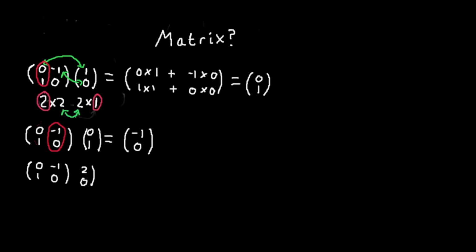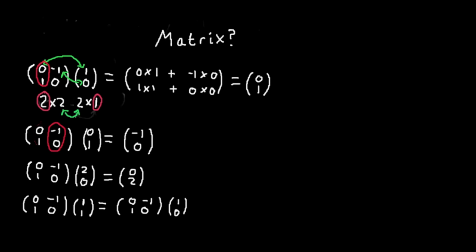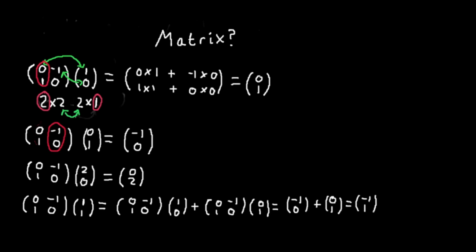Going through the maths again, we just get double of what we got for the vector of 1 in the x direction. And again, for the vector 1, 1, we just get the sum of our results for the vector 1 in the x direction added on to the vector that we got when we did the matrix times the vector 1 in the y direction.